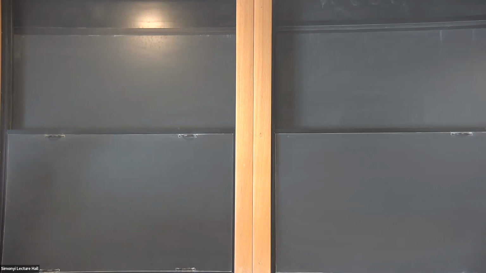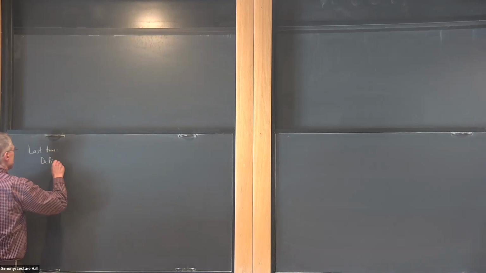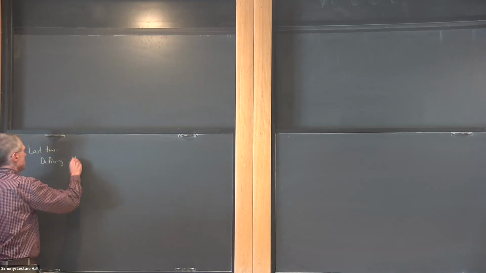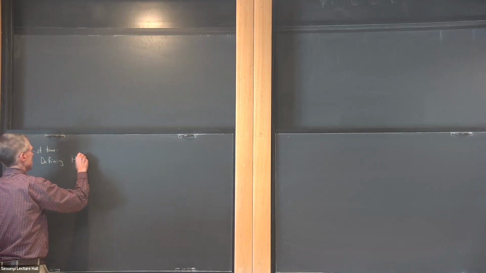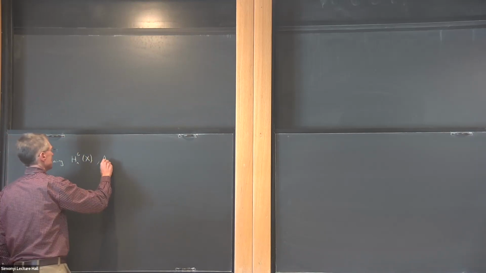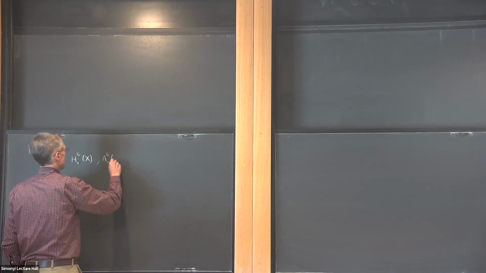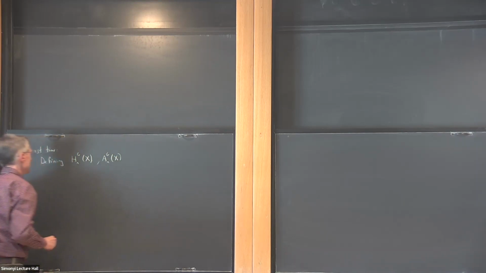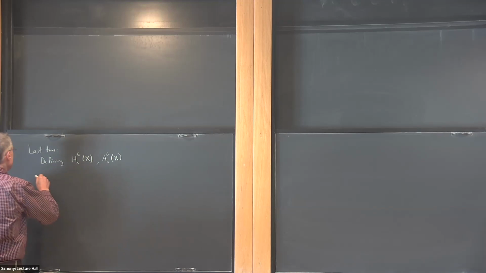So, okay, I wanted to just say a couple of things about where we were at the end of last time. We finished up by defining the homology and also the Chow groups. And I'll focus on the homology because I'm talking mostly about cohomology today.